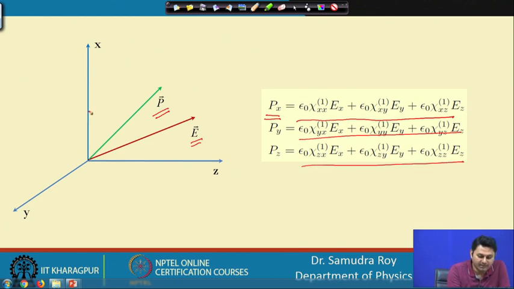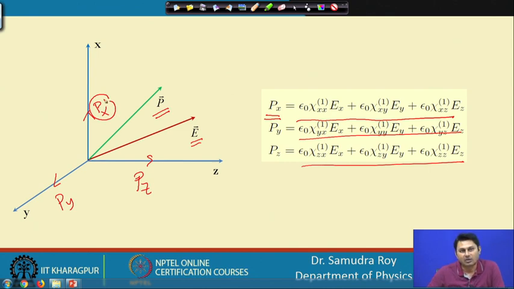So, if I divide this into x, y and z, this x component is not related to the x component of E alone, rather the x, y, z components are there to form the x component of the polarization vector P. If I write this entire thing in a general way, we are going to see that one can write it in a matrix form.